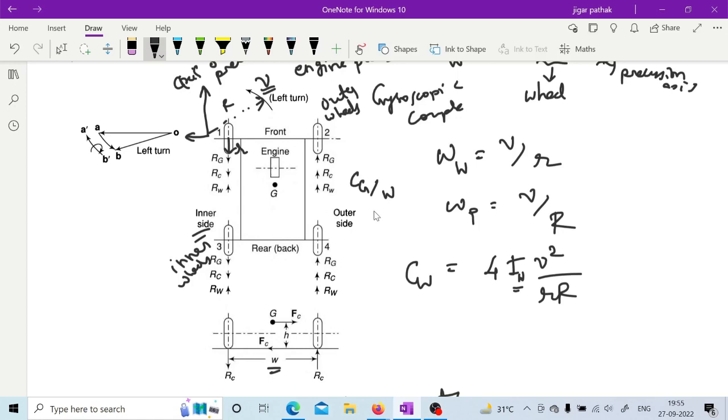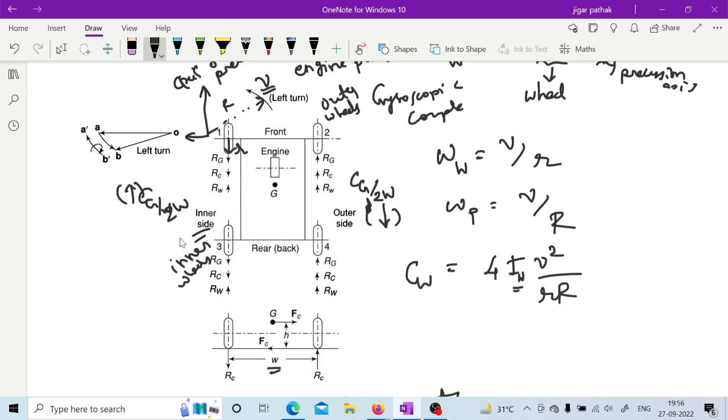So here Cg by W is downwards, and on this side it is Cg by W upwards on the inner side. Again it is divided between two wheels, so on each wheel I can write Cg by 2W and here also Cg by 2W, right?